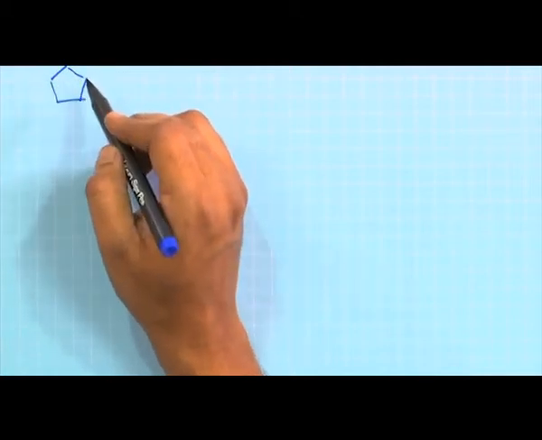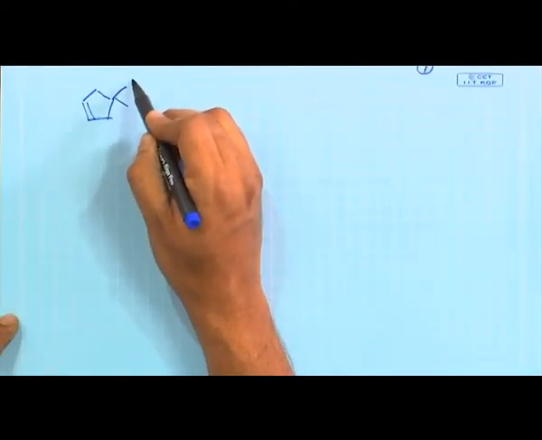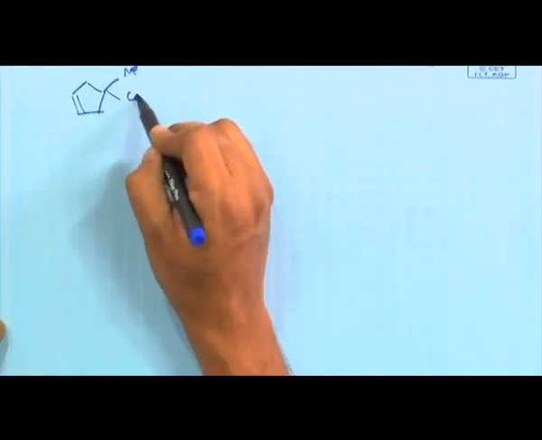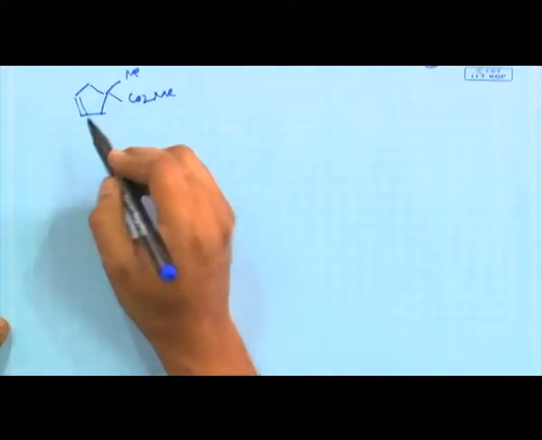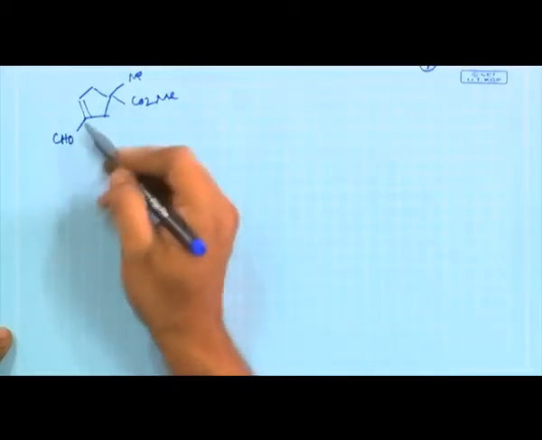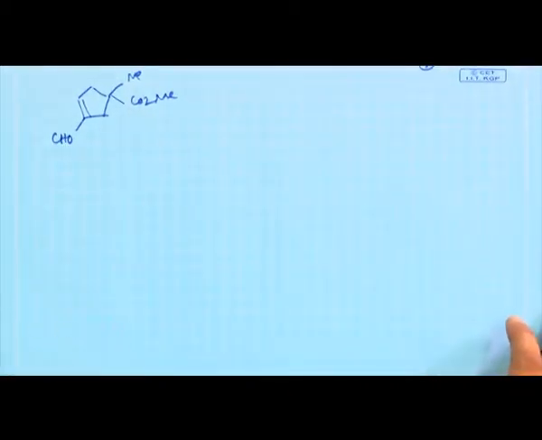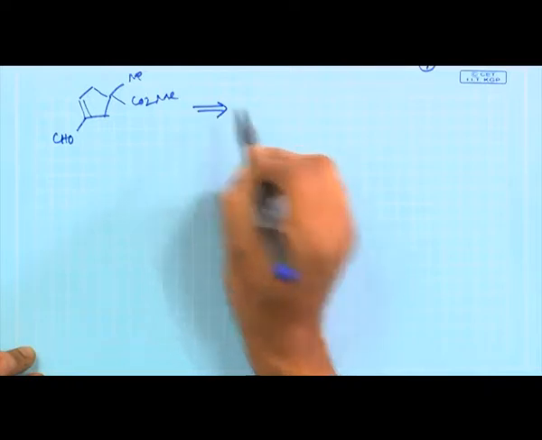You have a methyl here and a CO2Me here, so it gives all carbon-substituted positions. On the left-hand side you have an alpha, beta unsaturated aldehyde. So, this is a pretty small molecule, and the retro was very much simplified.